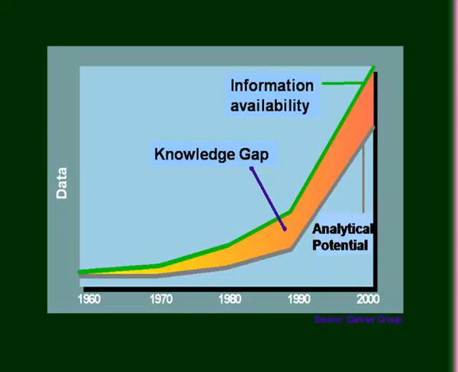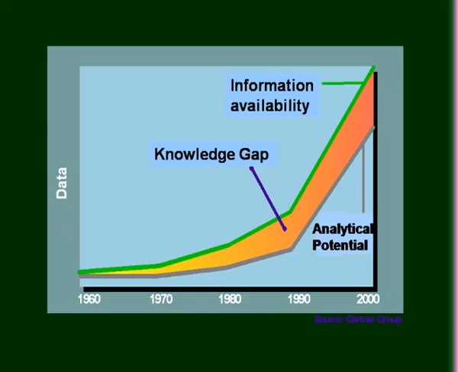The slide shows the data versus time, over a period of time, how data is growing. If you carefully view the graph shown on the slide, much of the data to answer these questions exists and more is available, but there is a growing gap in the ability of organizations to analyze it.